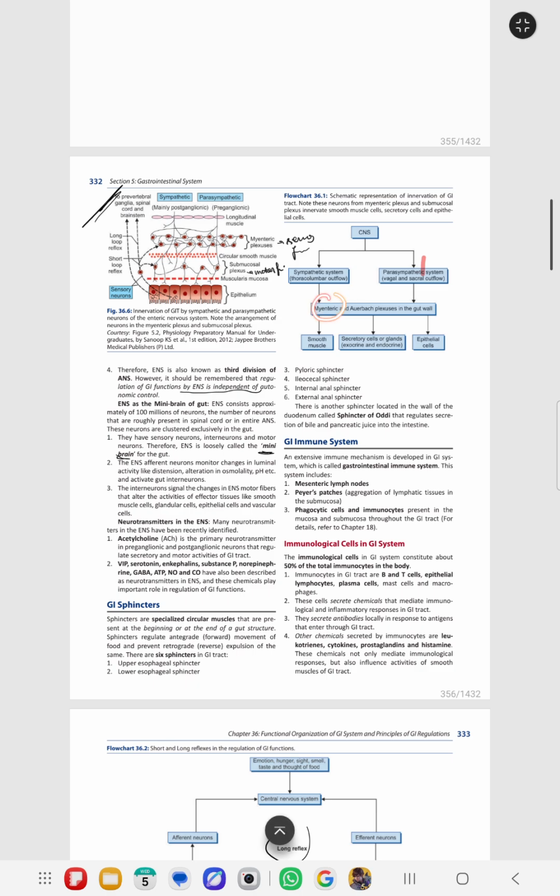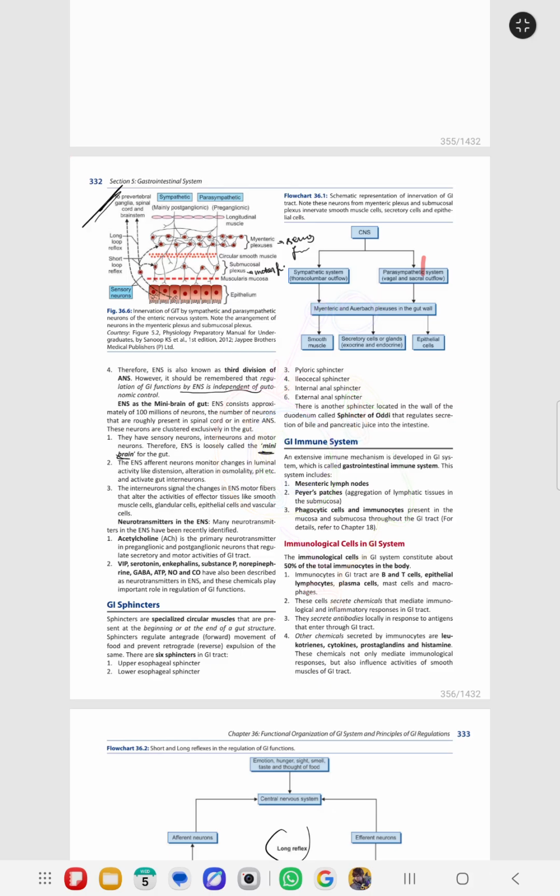Now the myenteric plexus is motor in nature, whereas Meissner's, also known as the submucosal plexus, is sensory. Just remember that I am sensitive, therefore I am sensory.